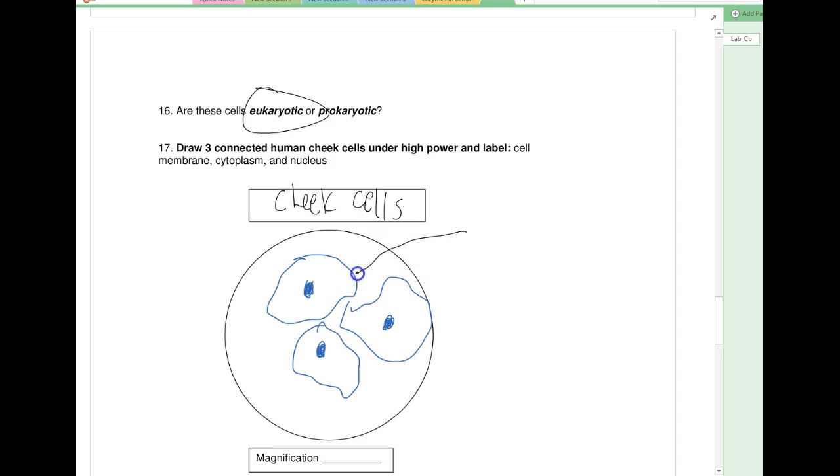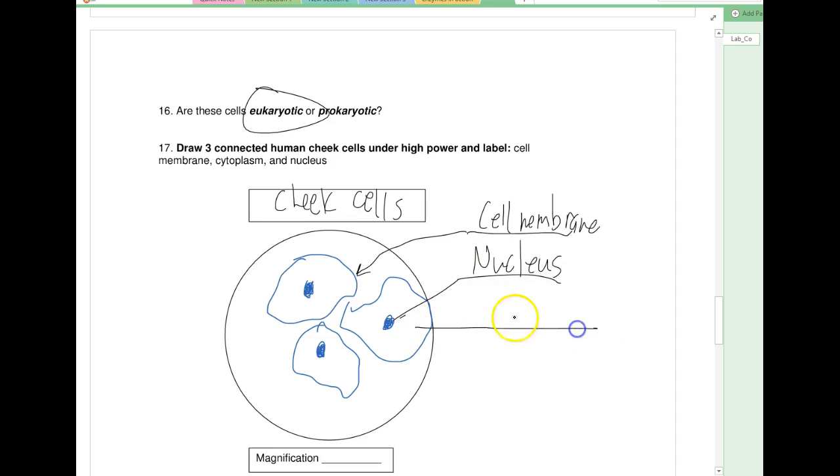So you pretty much had this cell membrane right there. There's no cell wall. Nucleus, and then cytoplasm. Probably got it up to high power.